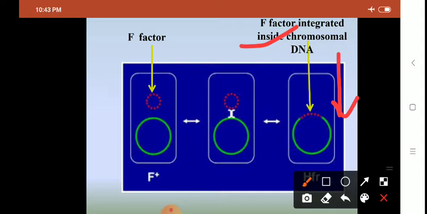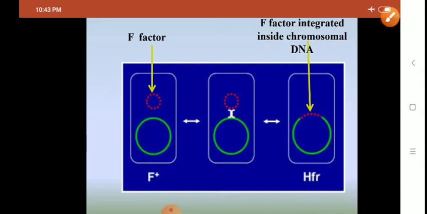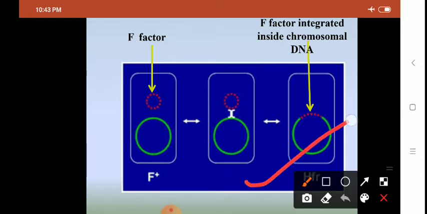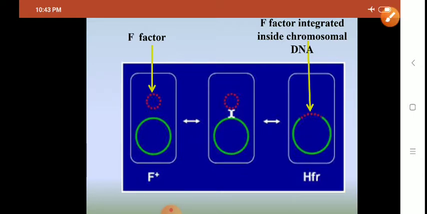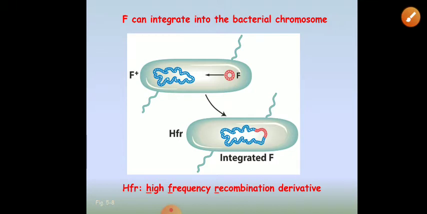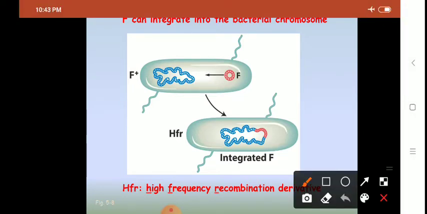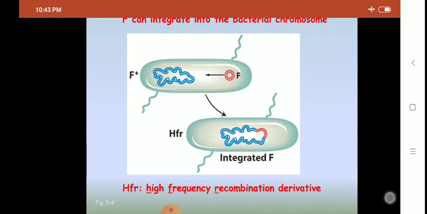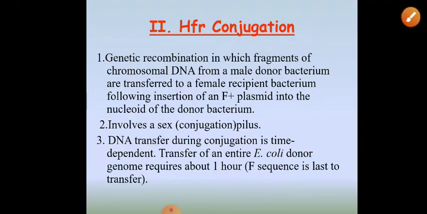F factor integrated inside chromosomal DNA, such a cell is called an HFR cell, high frequency recombinant cell. Same here in this diagram, the plasmid gets integrated inside chromosomal DNA. Such a cell is called an HFR cell.